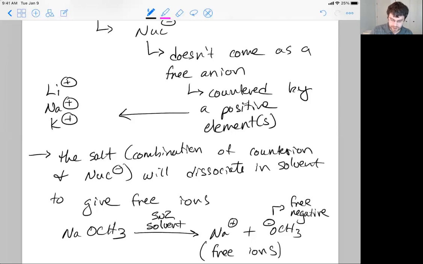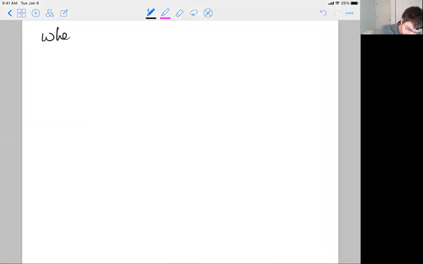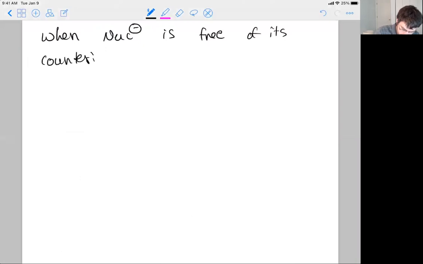So I'm just going to write free negative. And I'm going to turn the page on my notes and mention that when the nucleophile is free of its counterion, which in this case was Na plus, the nuc minus can react with the electrophile.